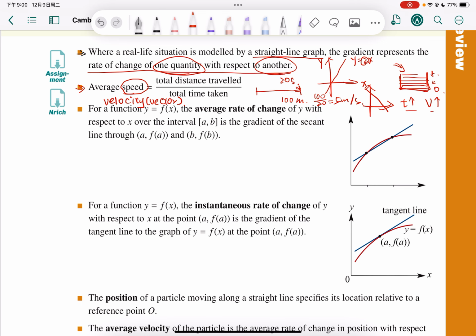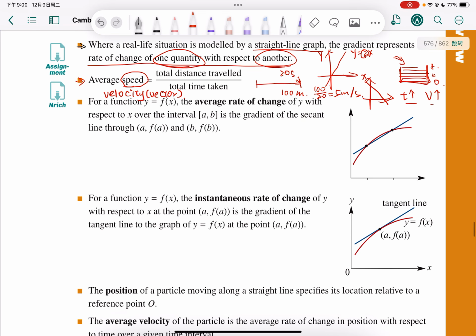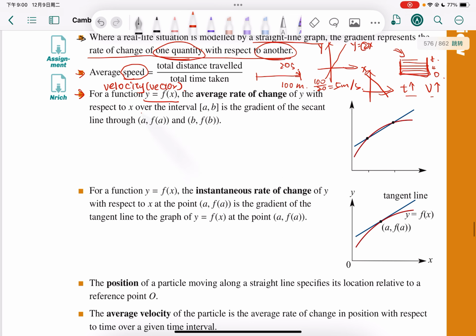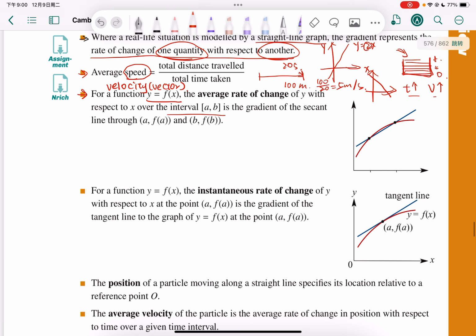So next point, for a function y equal to f(x), the average rate of change of y with respect to x over the interval from a to b is the gradient of the secant line through this point (a, f(a)) and this point (b, f(b)).